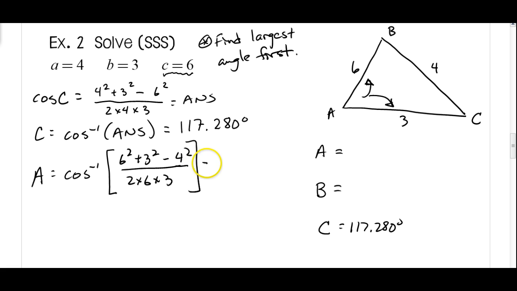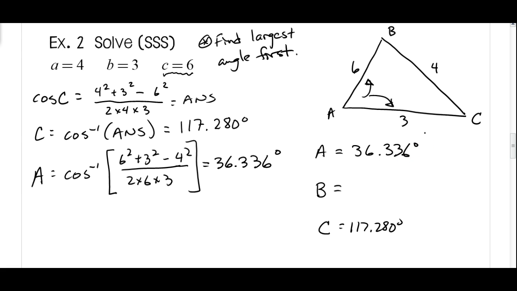Feel free to do this in as many steps as you need to. So cosine inverse of that one is going to be 36.336 degrees.